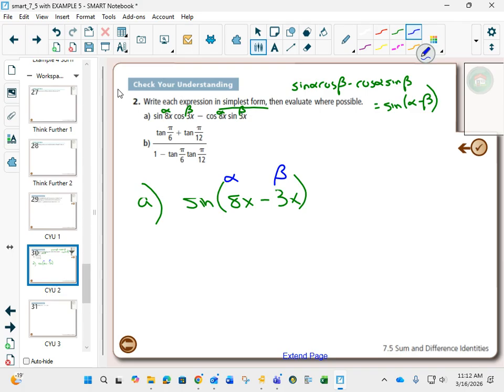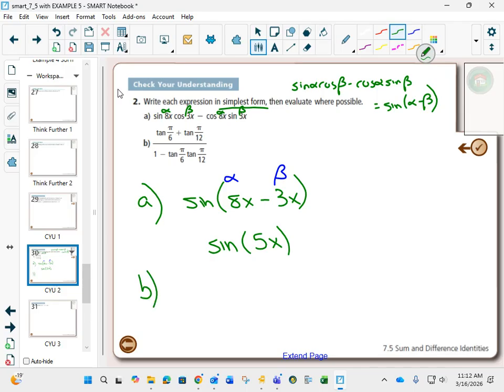And of course that simplifies to sine of 5x, and we're done. We've simplified it. So changing it from the left side to the right side to the left side is something that's going to happen a lot with these identities. The simplified version is the left-hand side, because this looks a lot simpler than it was originally.